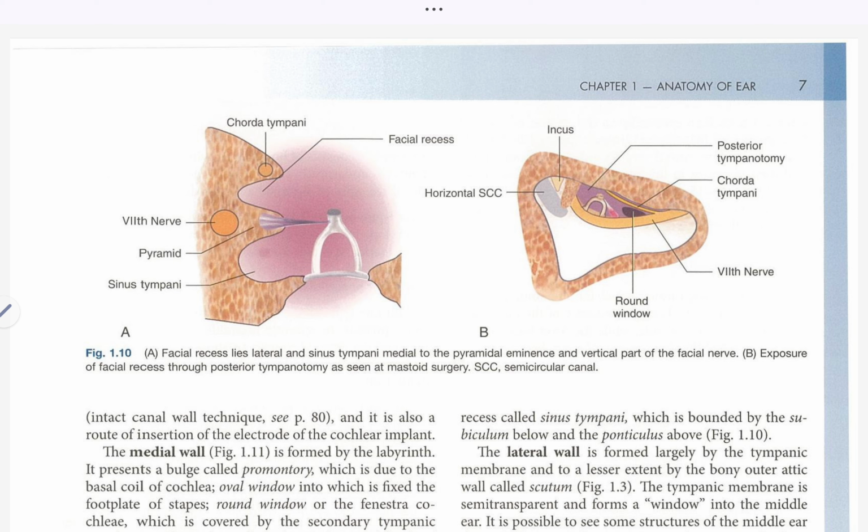B. Exposure of the facial recess through the posterior tympanotomy as seen at mastoid surgery. Here we can see the incus, horizontal semicircular canal, posterior tympanotomy, chorda tympani, cranial nerve 7, and round window.